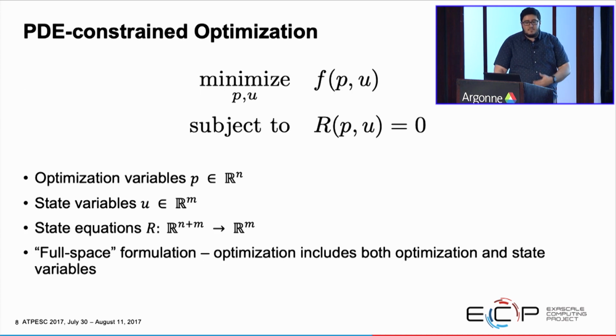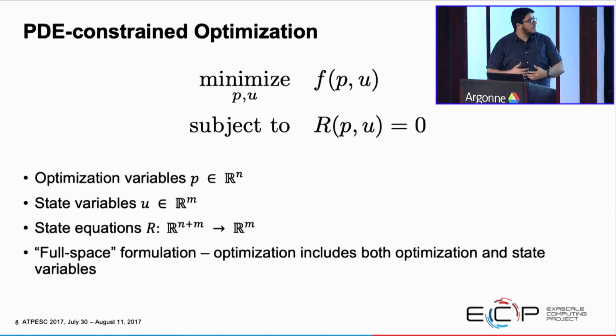So PDE-constrained optimization is a special optimization problem where we have the objective function, but we also have a partial differential equation that imposes a constraint on the optimization problem. In this case, an equality constraint, more specifically. And the partial differential equation, we tend to express as just state equations.